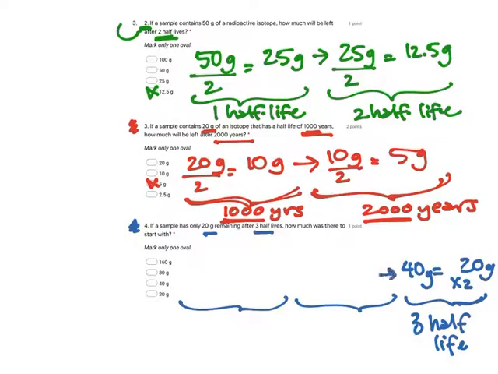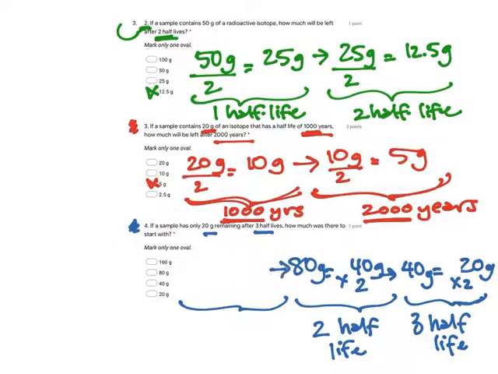And that is what should remain after the second half-life. So we're going to take 40 grams and multiply it by 2 to get the 80 grams. That is what remained after the first half-life. So 80 grams times 2 would be 160 grams.